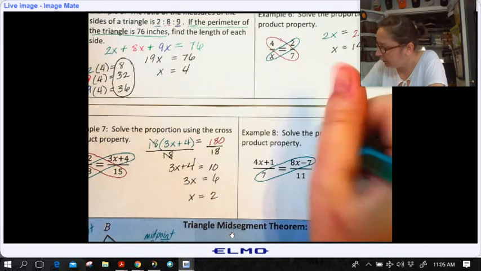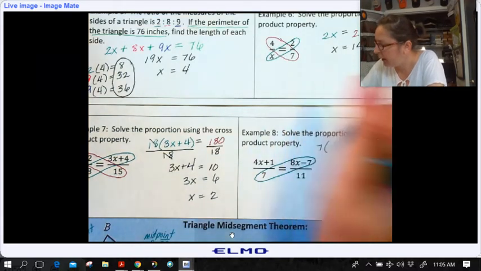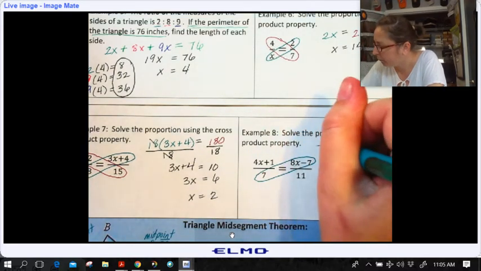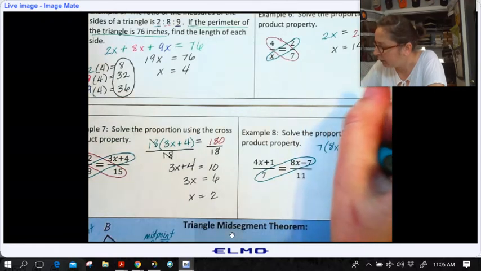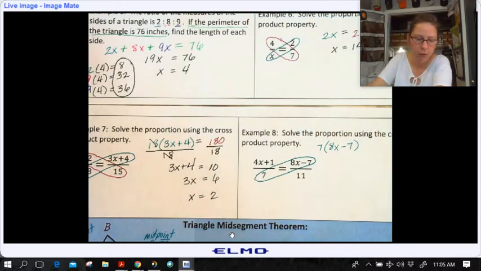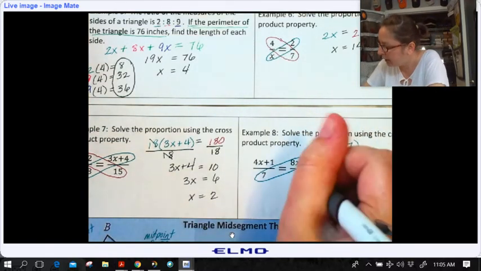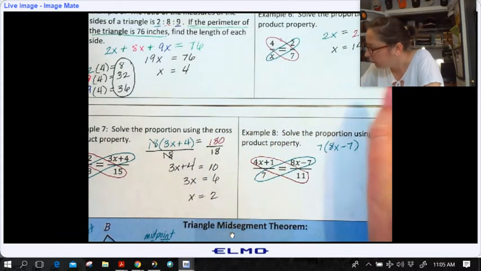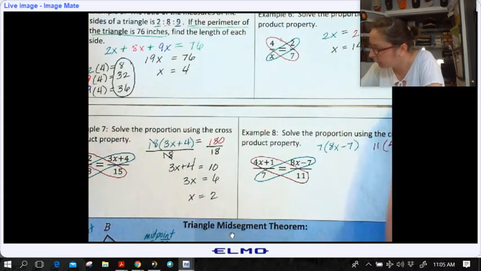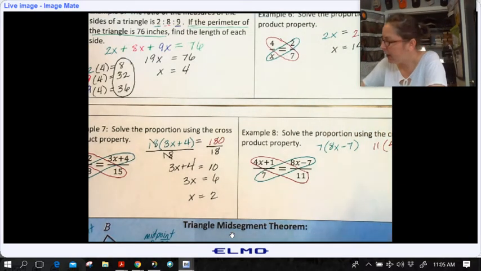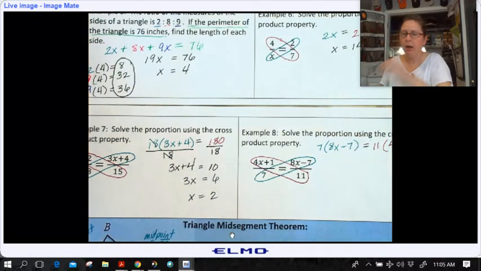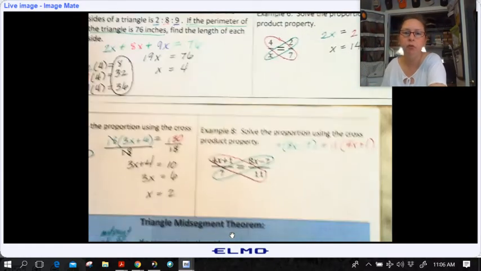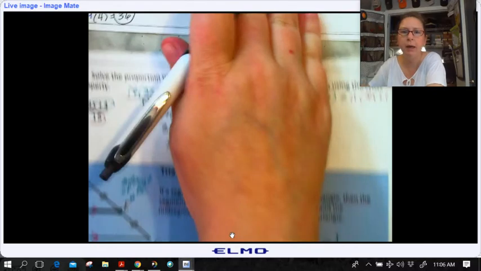So 7 times 8x minus 7 is going to be equal to 11 times 4x plus 1. This time I'm going to solve this by showing distributive property, okay?